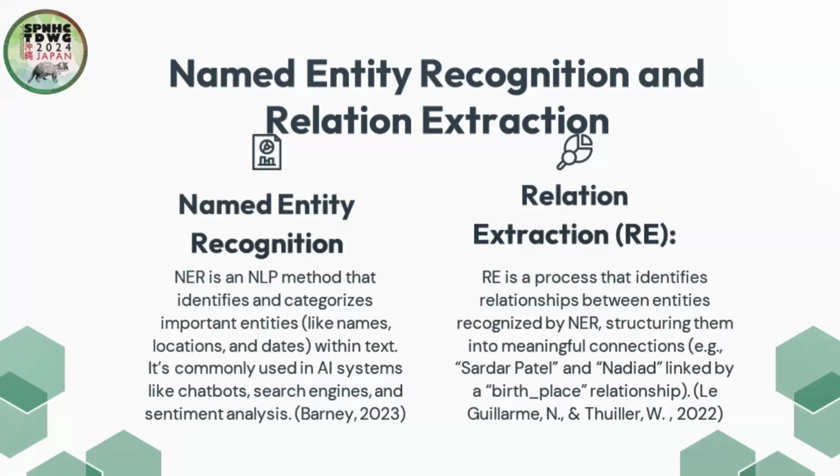Relation extraction then builds on this by identifying the connections and relationships between those entities, such as feeding interaction or habitat association. This process involves structuring the relationships into meaningful data that can be analyzed, modeled, and visualized for deeper insights. These methods are crucial for transforming the vast and complex unstructured data into a structured format that is easier to interpret and use for biodiversity research and conservation efforts.